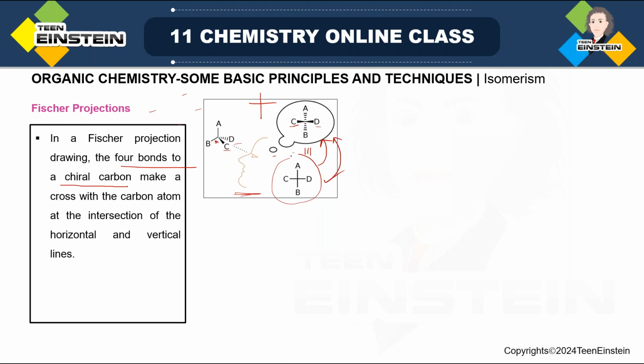That means whenever you have this type of simple picture, it means C and D, the two groups in the horizontal bond, are coming towards you. And the two groups or atoms which are in the vertical lines are actually away from you.